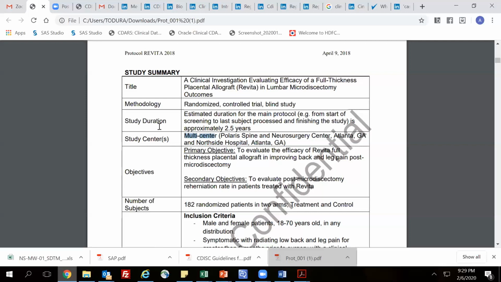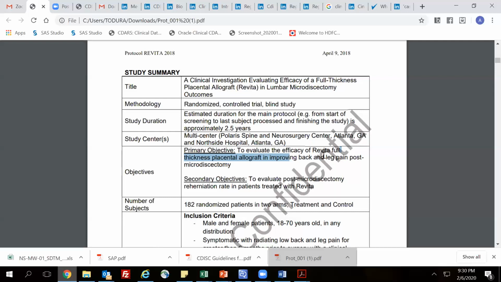So the primary objective is to evaluate the efficacy of Revita, which is a drug. How effective this drug is on placental allograft, on improving the back and leg pain post microdiscectomy. So it's for leg and back pain. How effective is this drug?